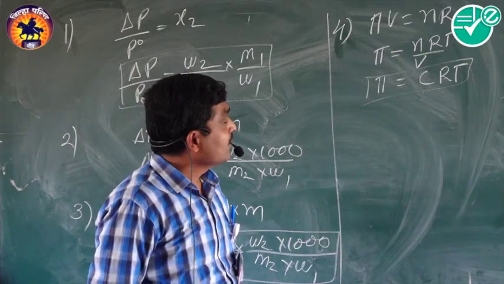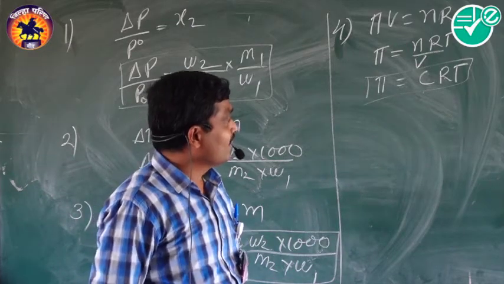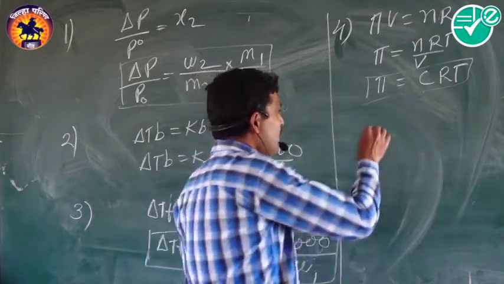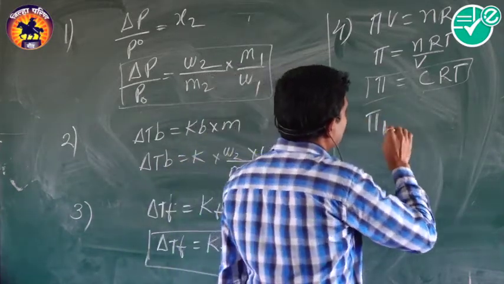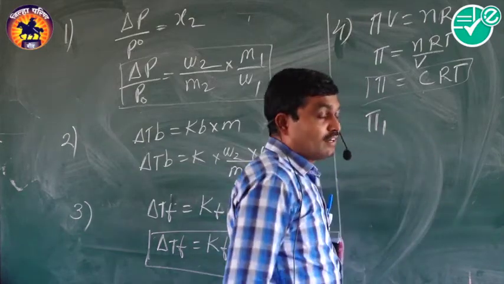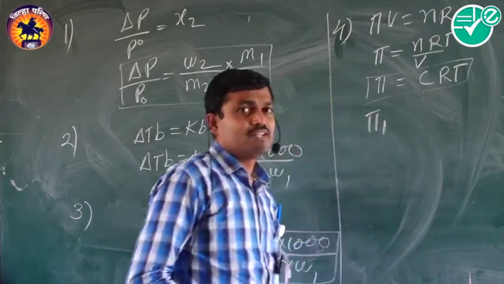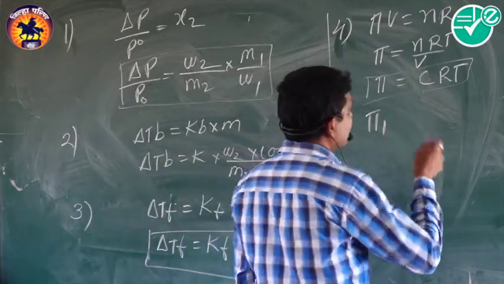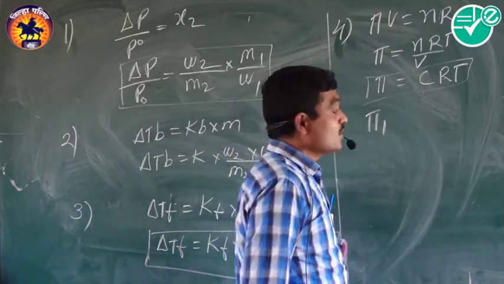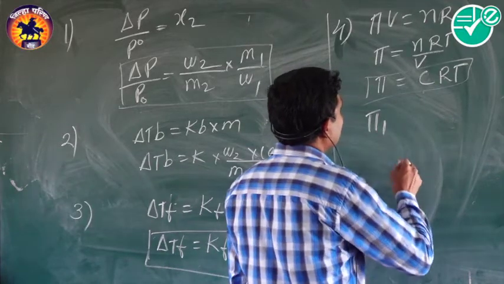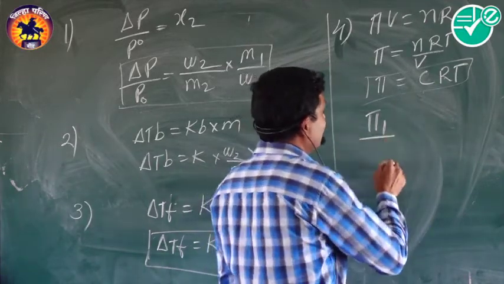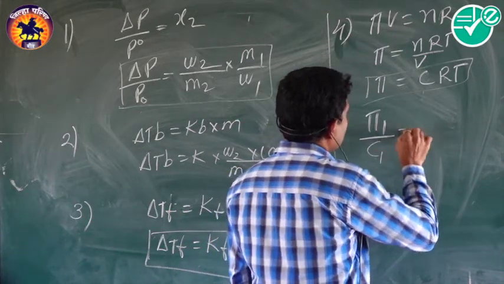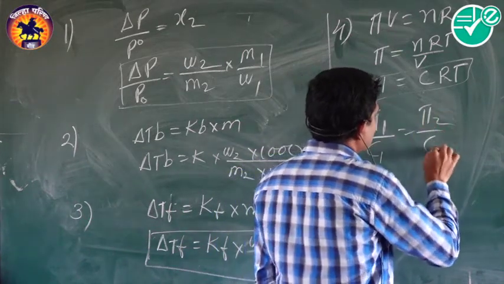Now there is also another equation, by considering Boyle's law. We know that pressure is inversely proportional to the volume, and therefore directly proportional to the concentration. So here pi 1 upon C1 is equal to pi 2 upon C2.